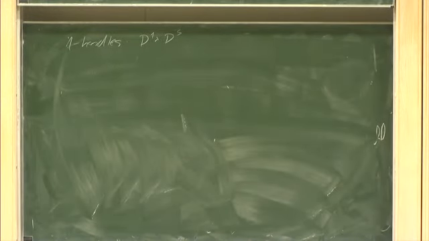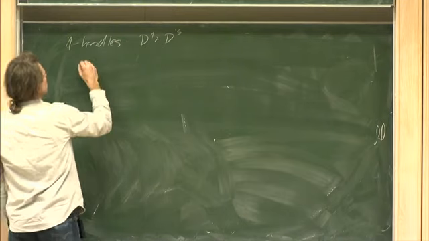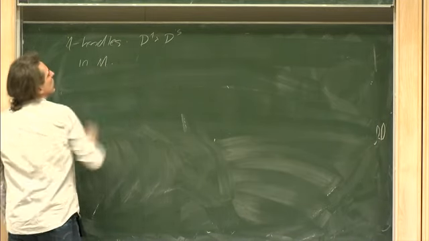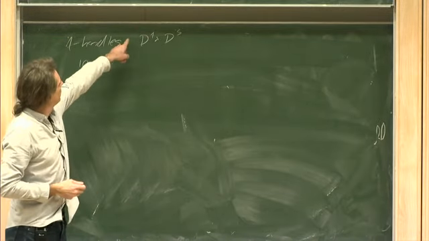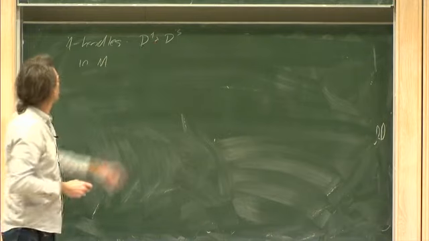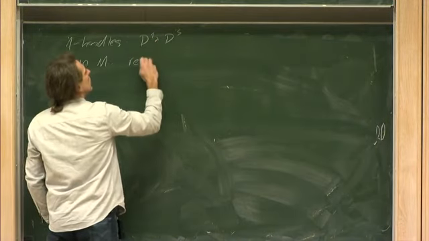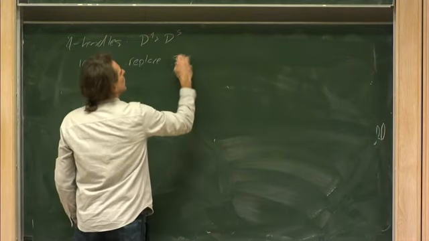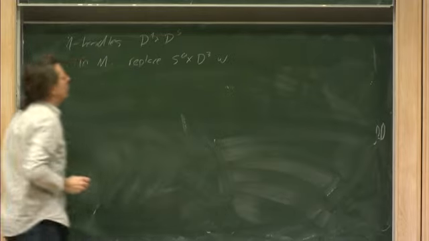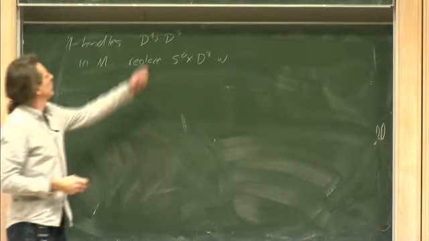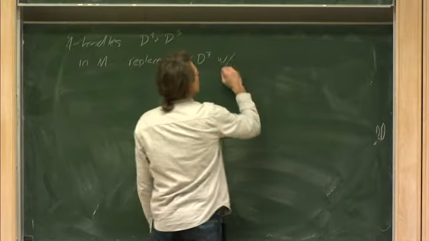And in the three-manifold M, what are we doing? Well, we're taking a neighborhood of the attaching sphere, so an S0 cross D3, with the boundary in the other direction. So this is D1 cross S2.